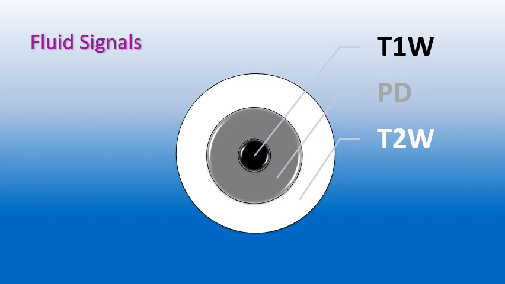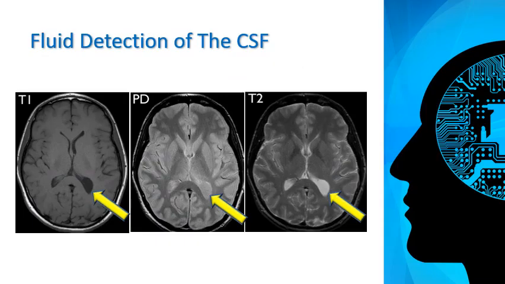So let us check these signals in a real MRI image. This is an MRI brain axial cut, including the three pulse sequences T1, proton density, and T2, and the yellow arrow refers to the CSF. We can notice that the CSF signal pattern changes on each pulse sequence.